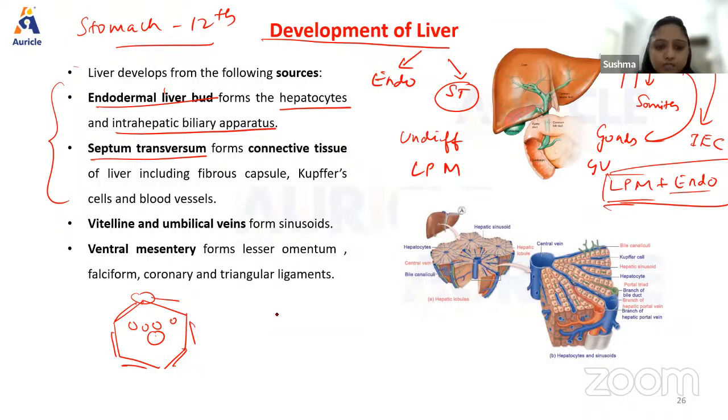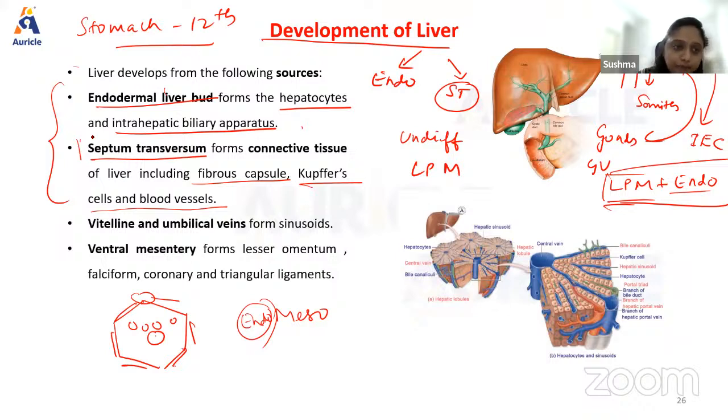Of course, the mesoderm is the outer layer and the endoderm is the inner layer, right? So whatever is in the interior of the liver, like the hepatocytes and the intrahepatic biliary apparatus, comes from the endodermal liver bud. Whatever is outside, like the fibrous capsule, Kupffer cells, and blood vessels, they all come from the septum transversum. Easy to remember. Apply logic, right? Very simple and easy to understand.